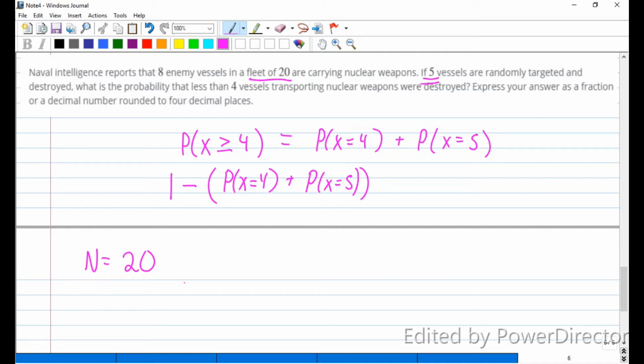How many of those are we targeting? That's our sample. Some Navy is targeting 5. Out of those 20 vessels, how many are carrying nuclear weapons? 8. So for both of our problems, remember, K is the total number of successes possible in the population.